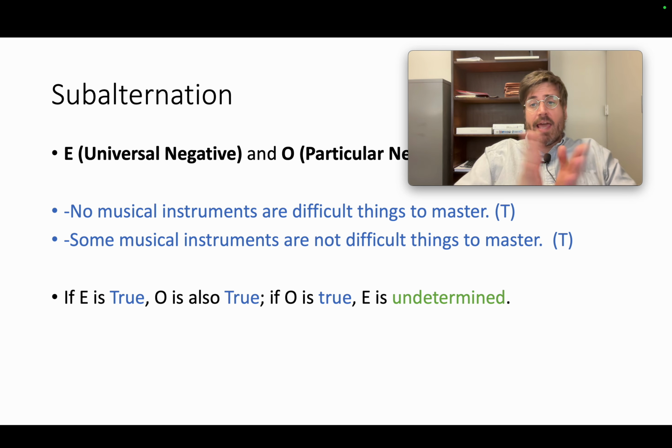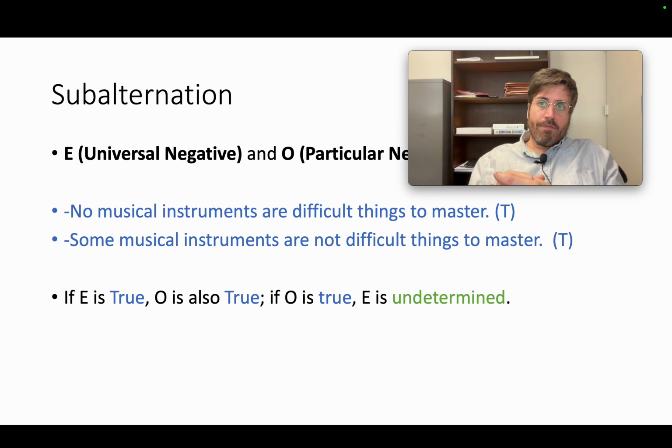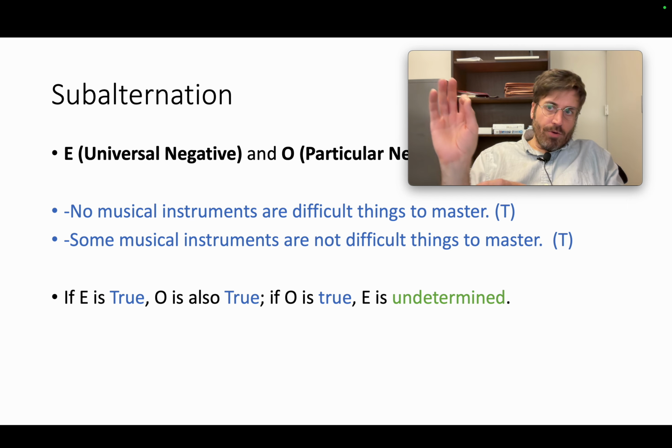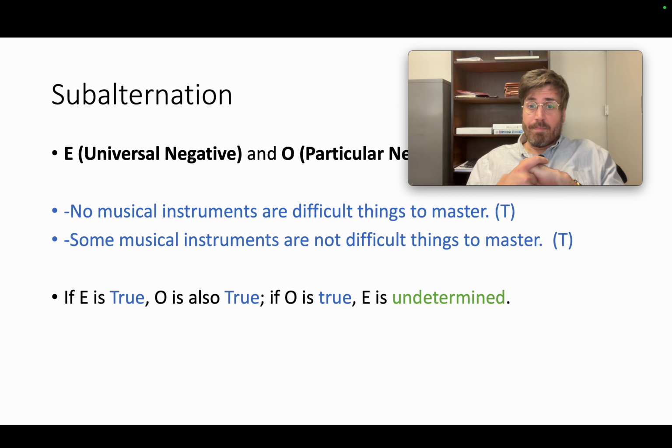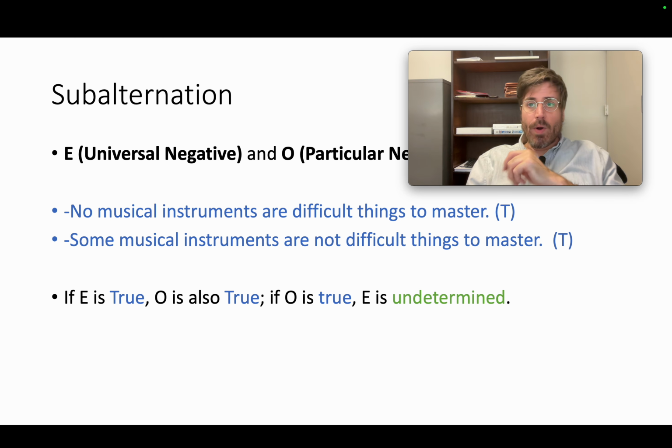So notice we can't move from the O claim, if it's true, to a determination about the truth value of the E claim. The E claim remains undetermined. There's not enough information to make an immediate inference moving from the subaltern to the superaltern. So the value has to be undetermined in such instances. Truth does not flow up. It only flows down on the square.